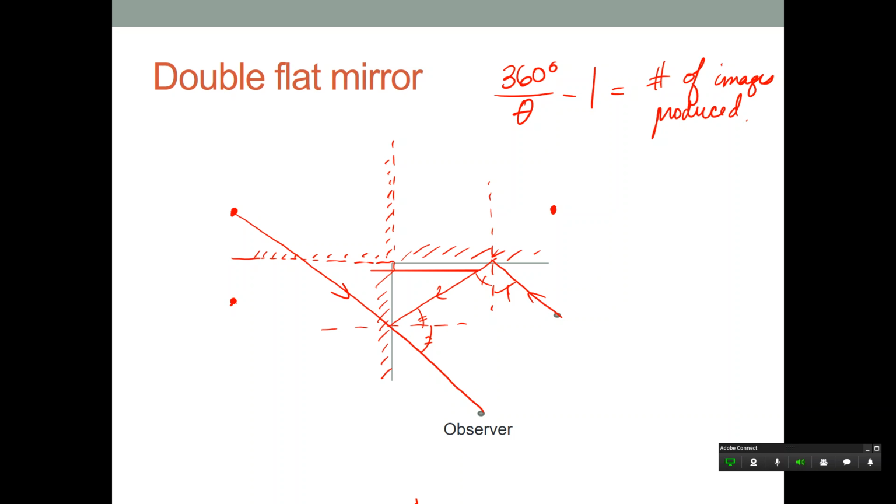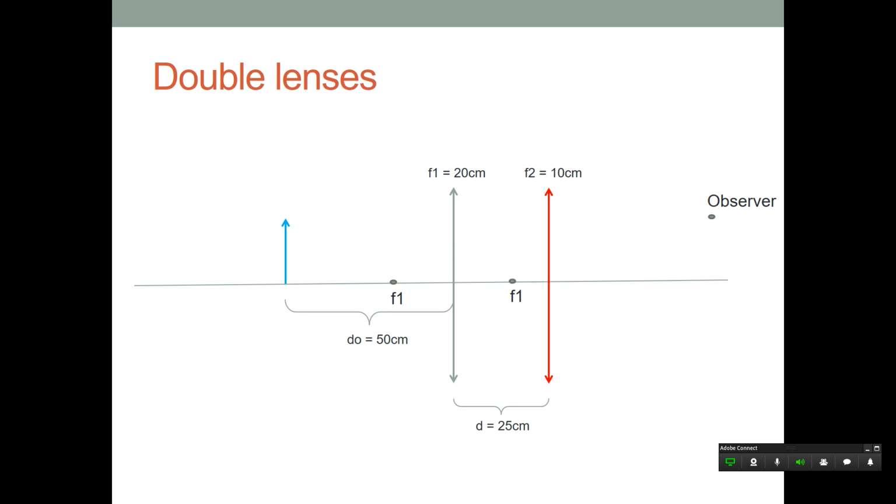So now we saw double mirrors, and you can do any number of double mirrors that you want. Let's look at double lenses. The situation I have for you here is I have an observer who's watching this, and the location of the observer is incredibly important. Would you put an observer here?